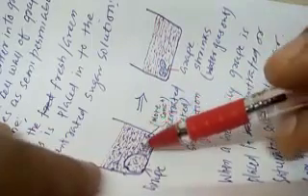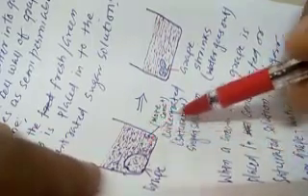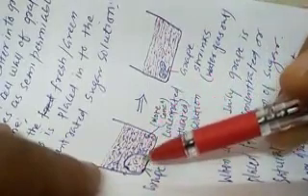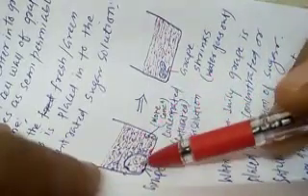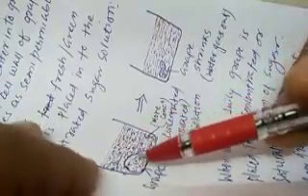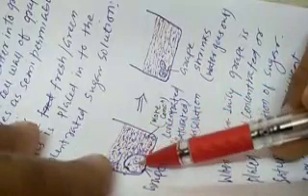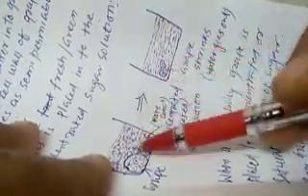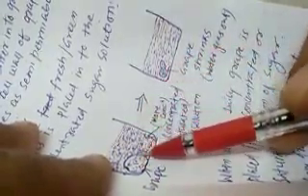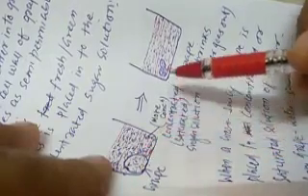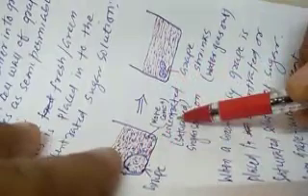So outside the grape the concentration of sugar is more, and inside the grape the concentration of sugar is less. Here in this case, the water molecules or the solvent molecules move outside, and the wall of the grape cell behaves like a semi-permeable membrane.